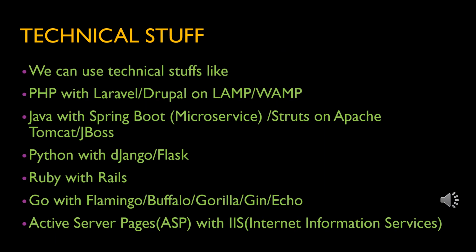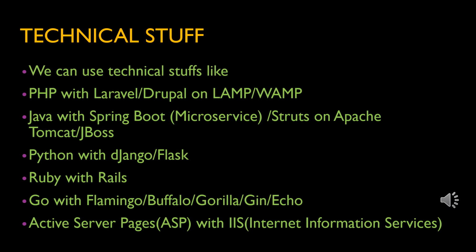For the technical stack, we can use PHP with Laravel or Drupal on WAMP servers, or we can use Java with Spring Boot, which is a microservice application, or we can go with Java with Struts on servers like Apache Tomcat or JBoss. The third combination is Python with the Django or Flask framework, or we can use Ruby as a programming language with Rails, so Ruby on Rails for web application development.